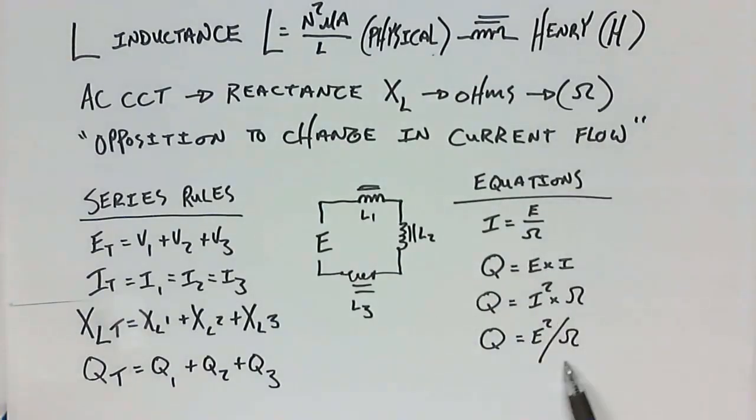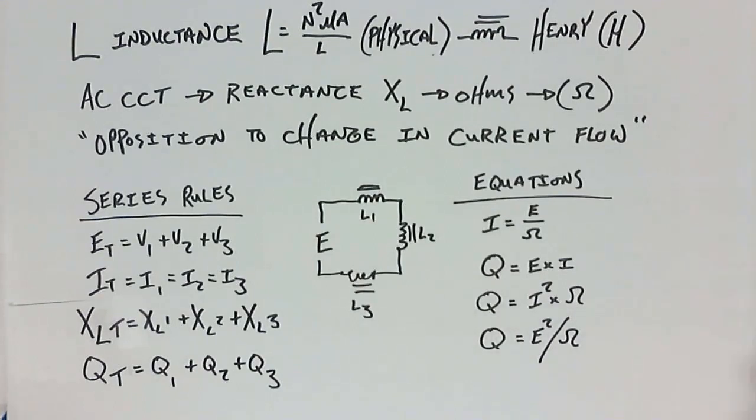How about the equations for reactive power? Notice the voltage times the current of an inductor renders the vars of the inductor. The current squared through an inductor multiplied by the ohms of the inductor equal the vars of the inductor.